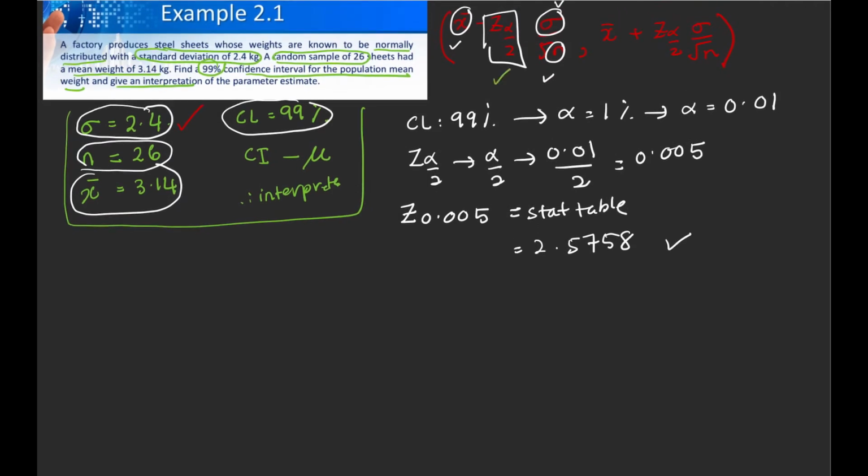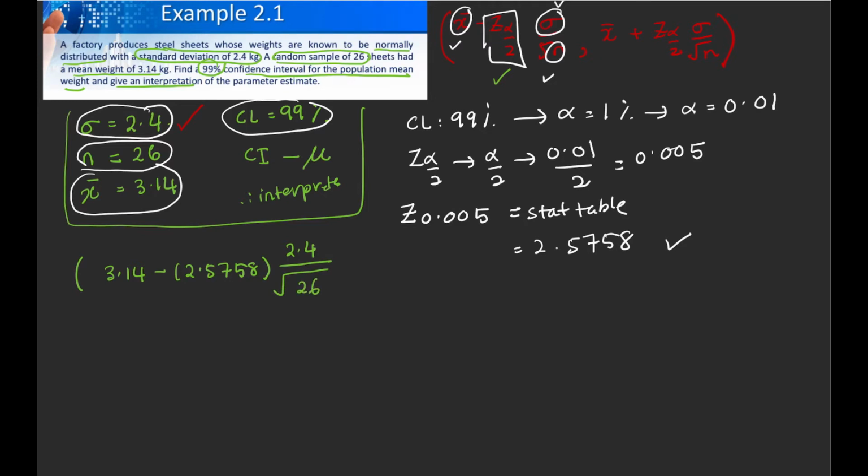What you need to do next is substitute everything into the formula. Our x bar is 3.14 minus z alpha over 2, which is 2.5758, times sigma, which is 2.4, over square root of n, which is 26.